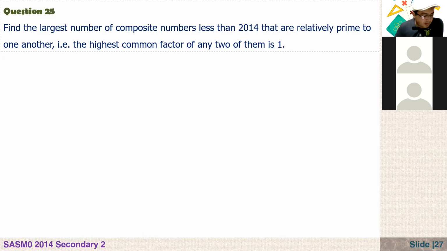So what is a small prime number less than 2014? Find the largest number of composite numbers less than 2014 that are relatively prime to one another. Definitely.